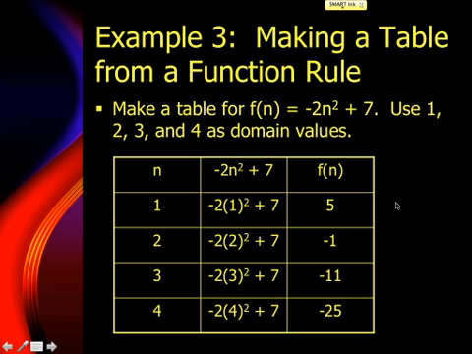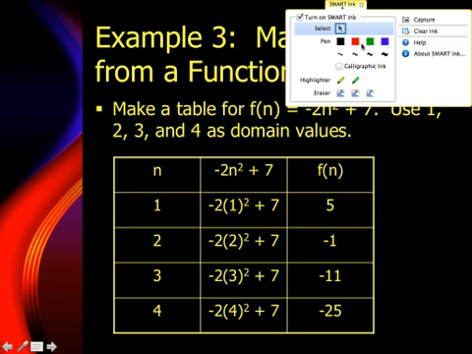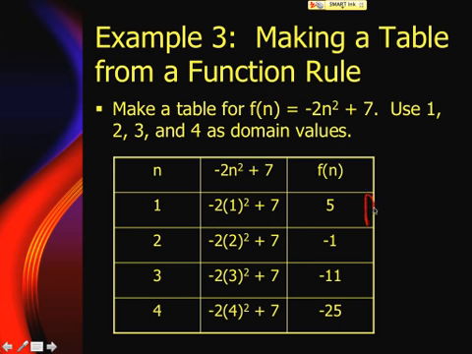These numbers here are what we call the range. And this one over here is called your domain, because these are the values that go in, and then you come out with values called your range. Okay, so these are your domain or your input values. This is your range or your output values.